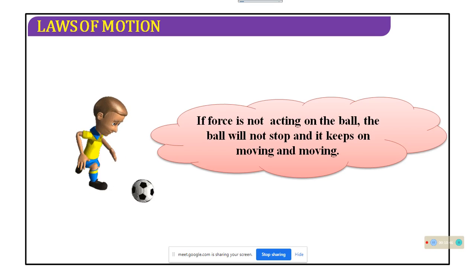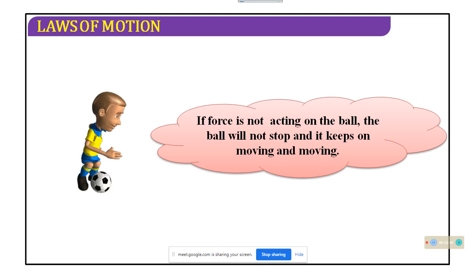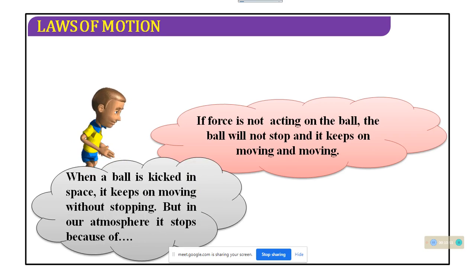If no force is acting on the ball, it will not stop and keeps on moving and moving. When a ball is kicked in space, it keeps on moving without stopping.